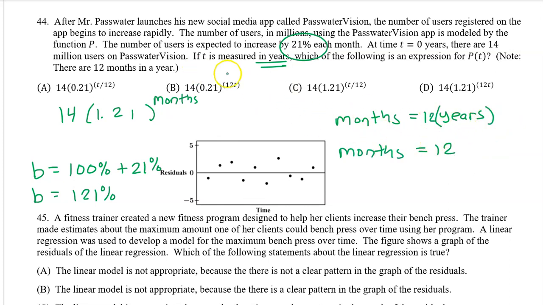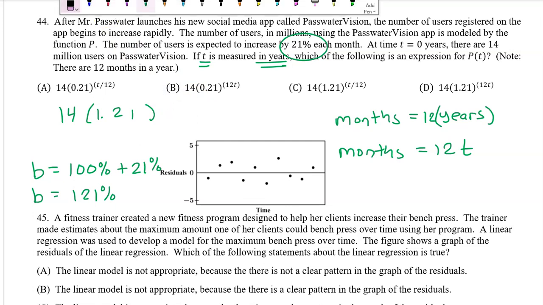However, the number of years is to be represented by the variable t. So 12t is 12 times the number of years. So the number of months is equal to 12t. Now we can replace the word months with the expression 12t without changing the value of the equation. So this is what we are looking for. Let's see, 1.21 to the power of 12t, and the answer is D.